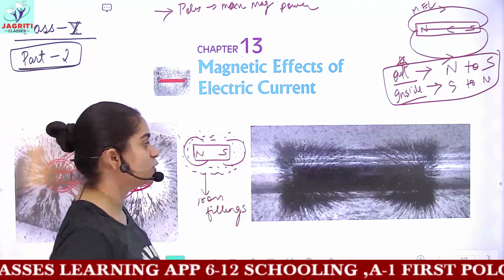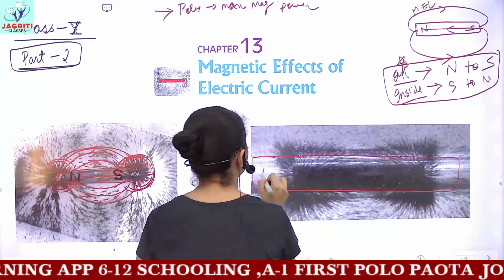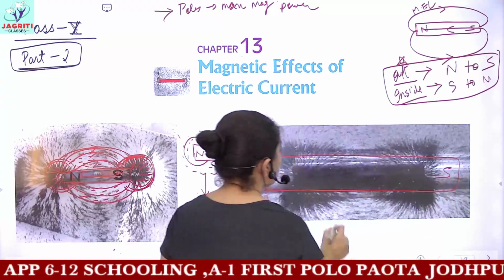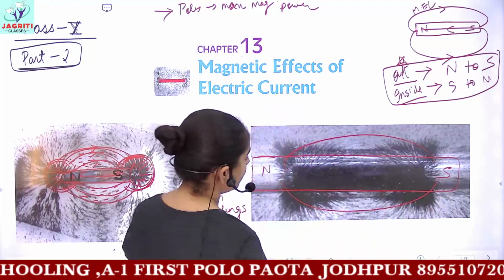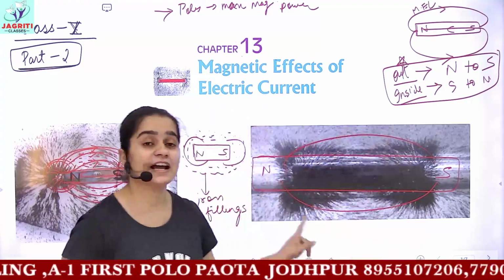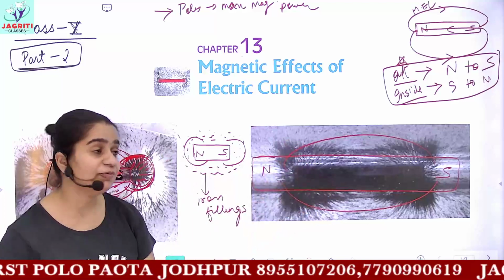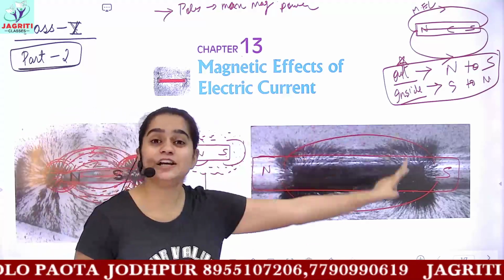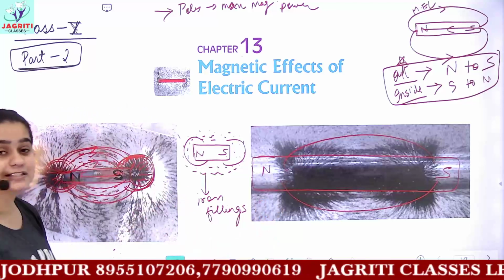A similar experiment was performed. We took a magnet having a north and south pole, and it was observed that iron filings got attached in a certain manner. And this shows us the direction and nature of magnetic field lines in the form of closed circular loops. So I hope this is clear.